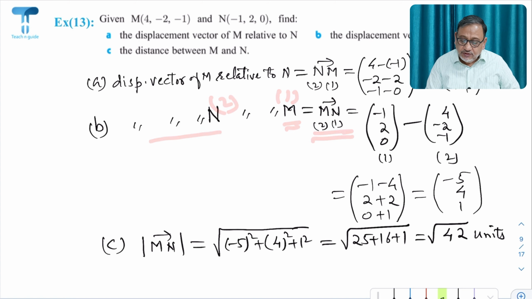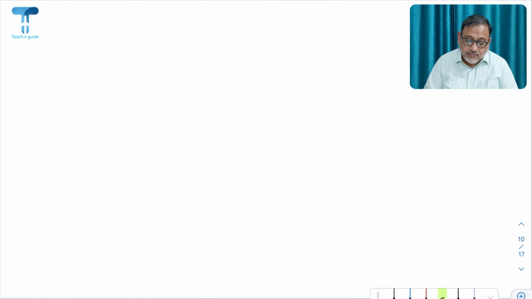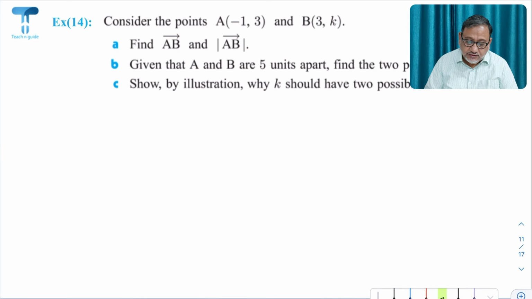That way I wrote them. And then while writing their component vectors, first we should write components of N, and then components of M. Okay, that gives us the answer, right? Okay, so I have finished that question there.